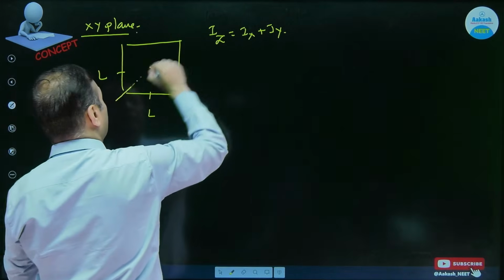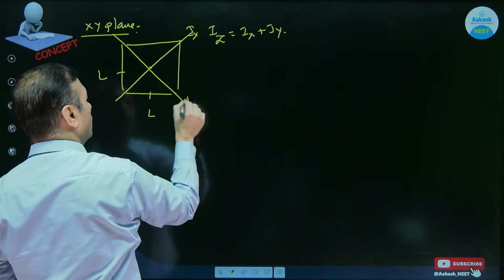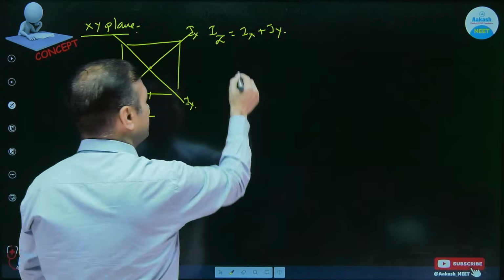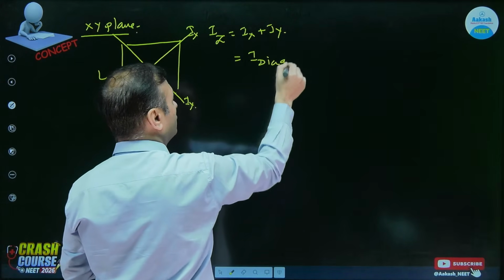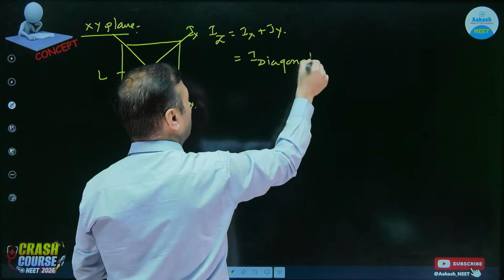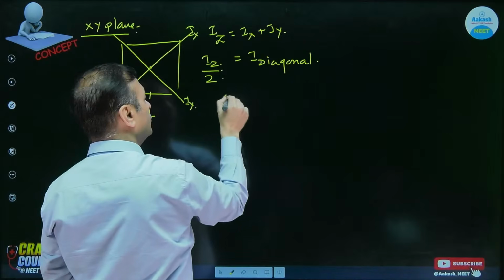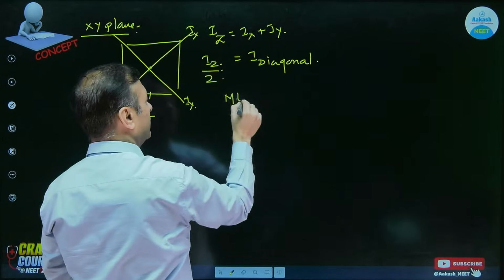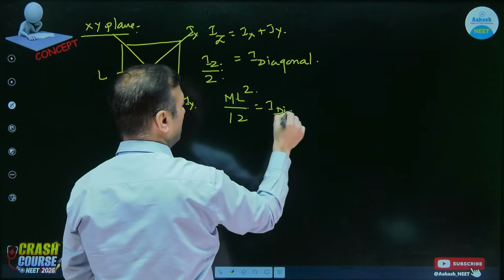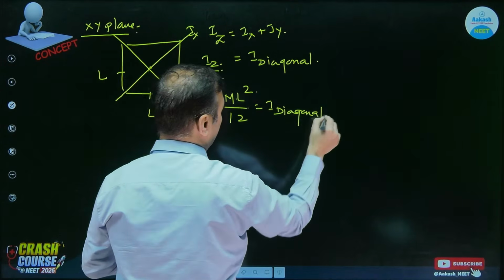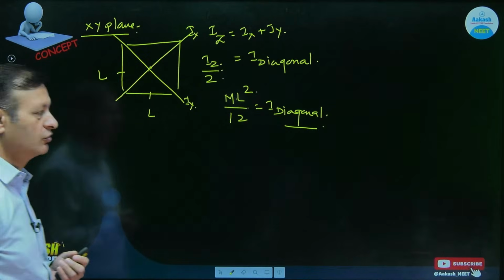Suppose I call these two axes x and y as your diagonals, so Ix and Iy are also the same. So that means Iz by 2. Iz for the square lamina was ml square by 6, so this becomes ml square by 12. You got it or not?